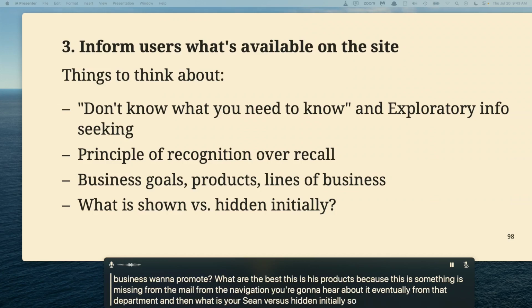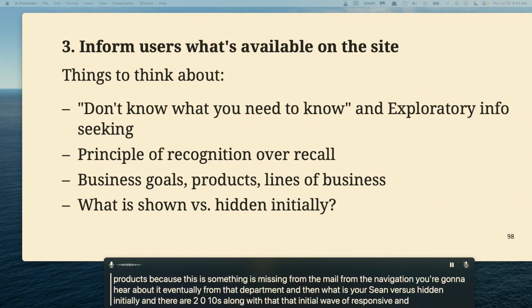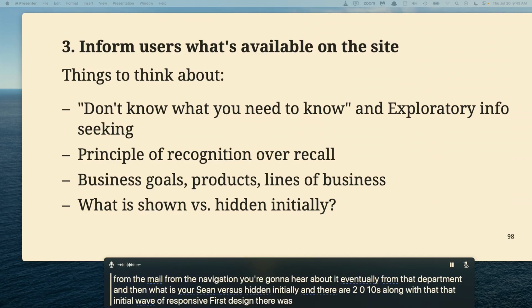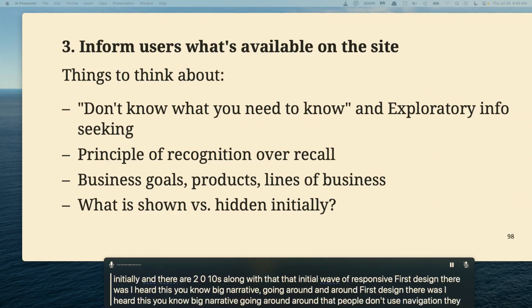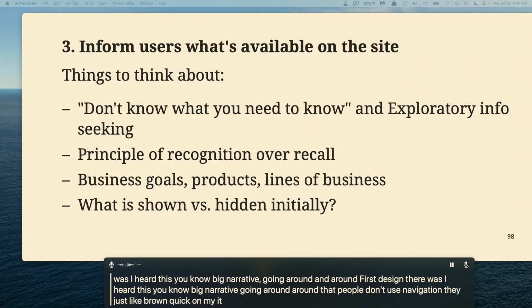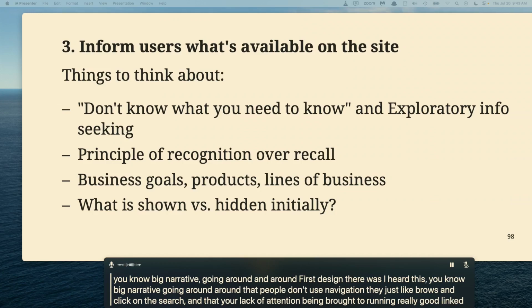So in the early 2010s, along with that initial wave of responsive and mobile first design, there was, I heard this, a big narrative going around that people don't use navigation. They just browse and click on links. They just search. And that led to a lot of attention being brought to writing really good linked content, which is great.